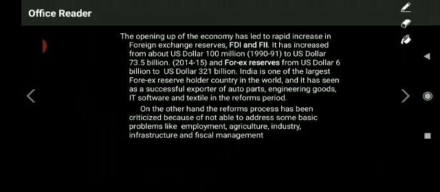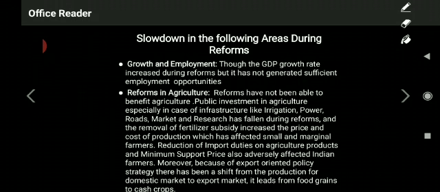But on the other hand, it was also criticized for not addressing many sectors during the reforms period. A developing country like India is always facing problems of employment opportunities, lack of agricultural development, industrial sector development, infrastructure and fiscal management. These areas must be developed in India because India is a labor-oriented country.